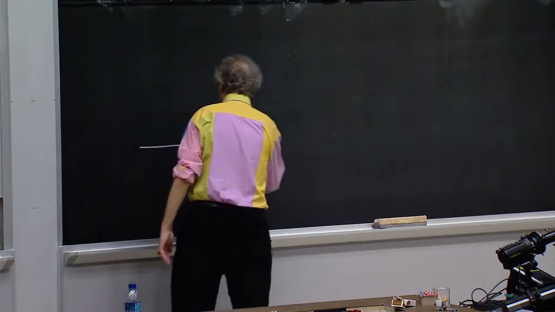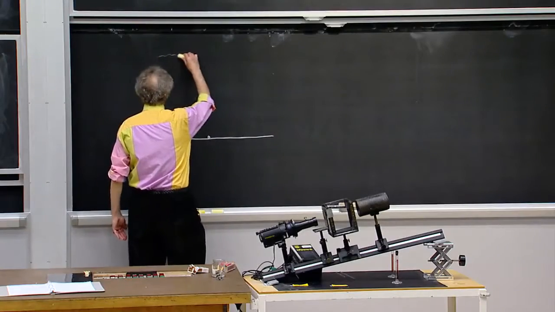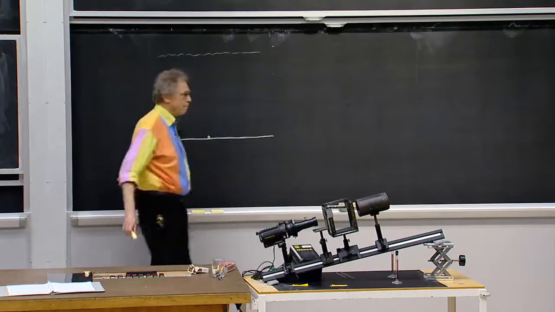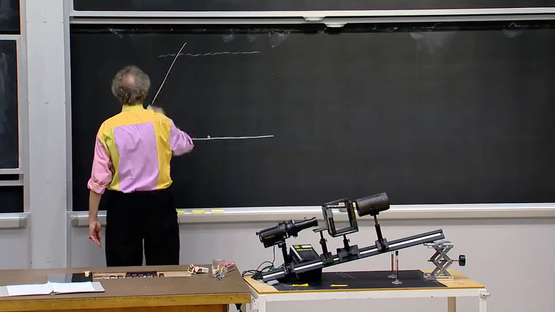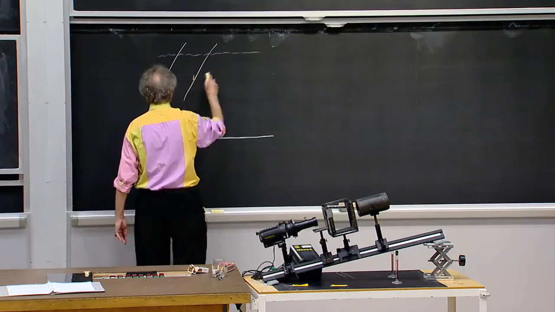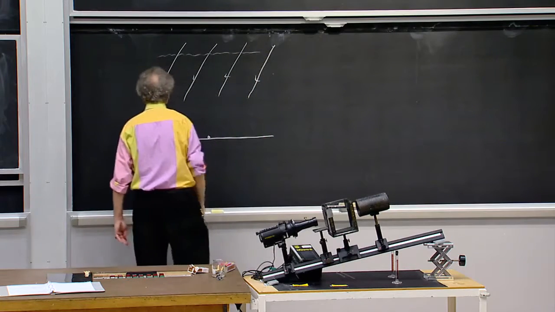Here is the ground, and you are here. And here is, say, roughly the top of the atmosphere. And the sunlight comes in like this. The sun is infinitely far away, so the sun comes in like this.